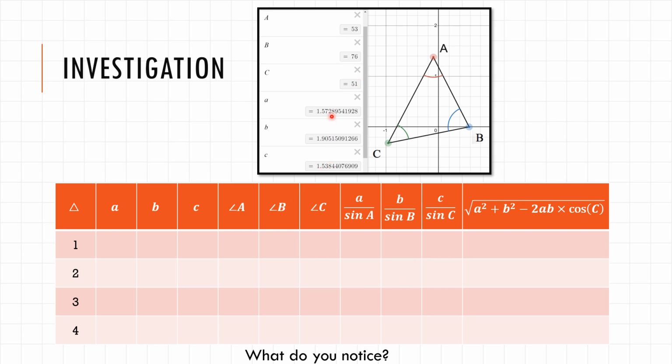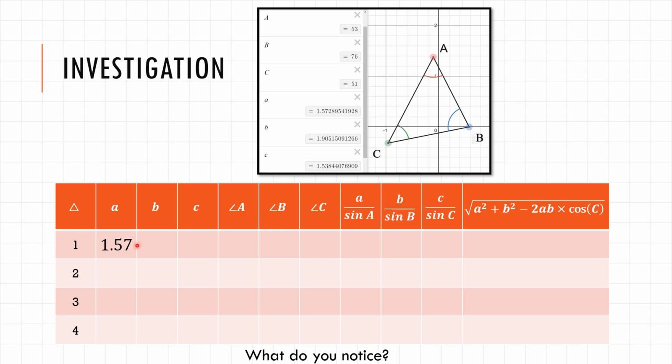Or I can even go to the side lengths, and when I'm writing down the side lengths, maybe I'll just round them to the nearest hundredth. So side A is the side that's opposite angle A. That's this side right here. And I can see from the Desmos software that it is 1.57 units long.